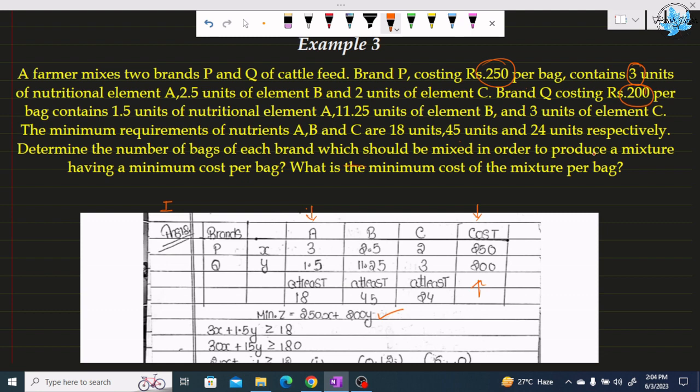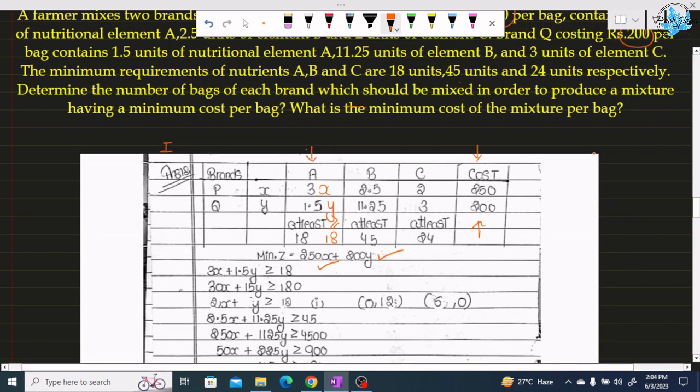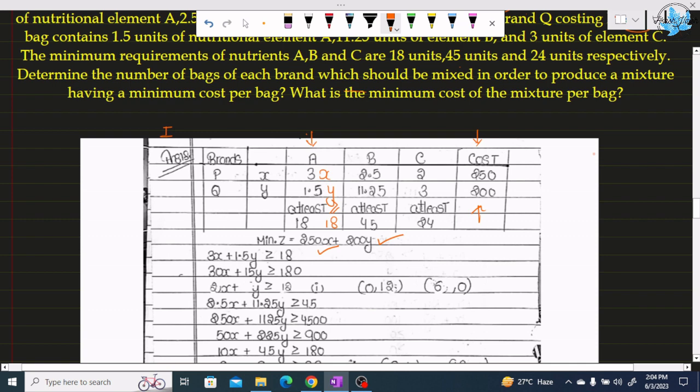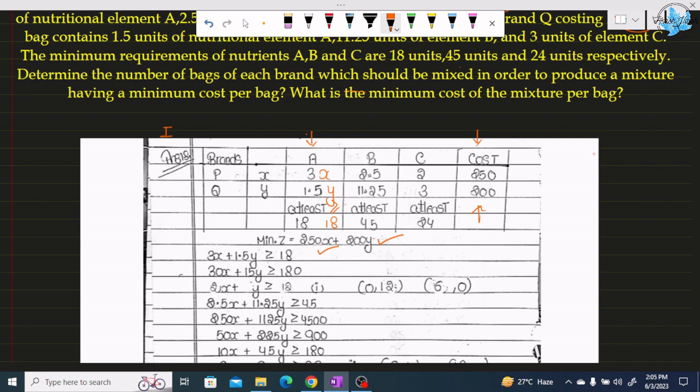From element A, the equation will be 3x plus 1.5y. At least means greater than or equal to, then 18. So the first equation will be 3x plus 1.5y is greater than or equal to 18. To remove the decimal, I multiply the equation by 10, so I get 30x plus 15y is greater than or equal to 180.